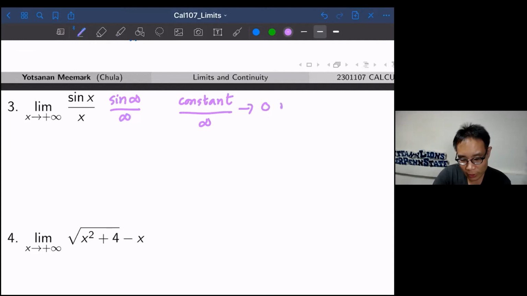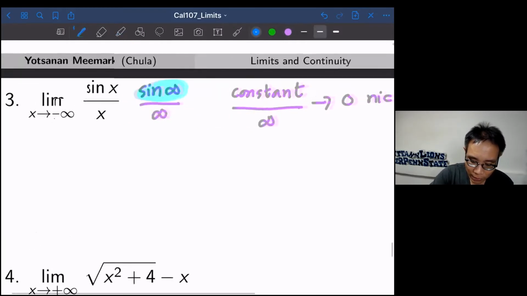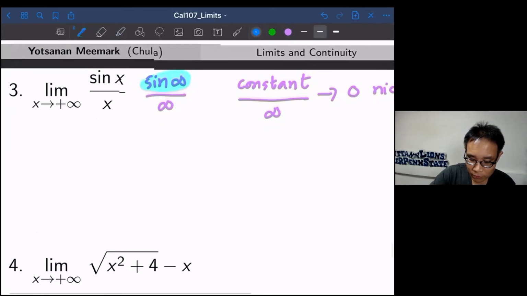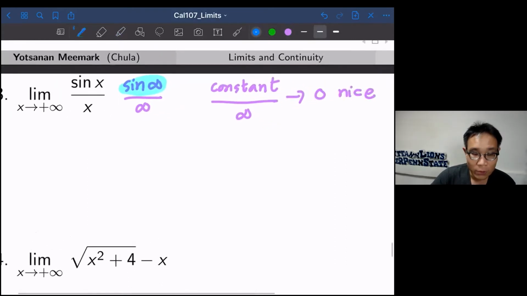And this one is nice. If you have a constant over infinity, it's going to be equal to 0. However, you are not able to control sine infinity yet. The way you can obtain a constant is to play with the sine, like we did for the squeeze theorem.